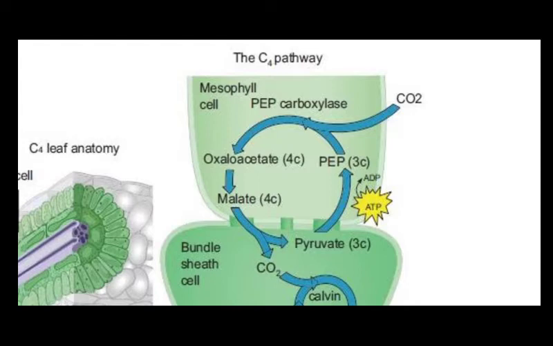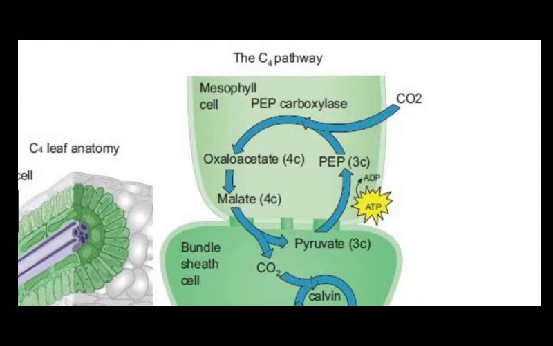So what do we get out of that? We get this particular chemical. It's a 3 carbon PEP with which a carbon dioxide is adding, and now we are getting oxaloacetic acid, or oxaloacetate, as the first stable component, and it is a 4 carbon structure. That's why this process goes by the name of C4 pathway.